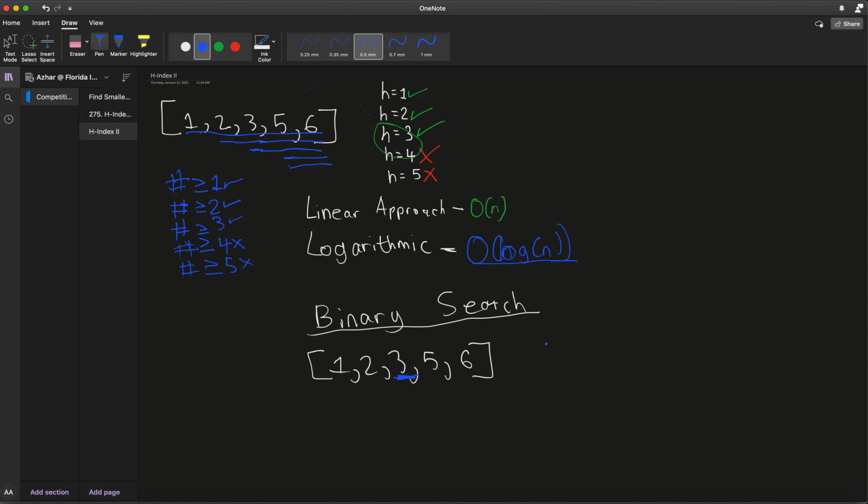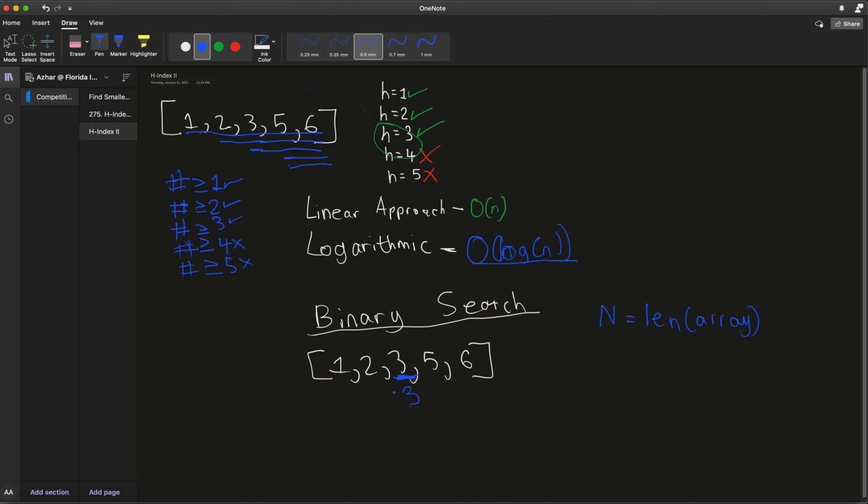We want to determine whether this value, or let's say n minus h at this point would be 3, right? So it would be 3. We want to ensure that we have the highest possible value. So okay, if we start here, we know that this could be a possible big value. We know that the n minus h, so n, where n is the length of array, and where we have h as a specific point.